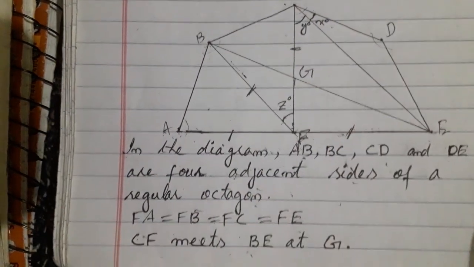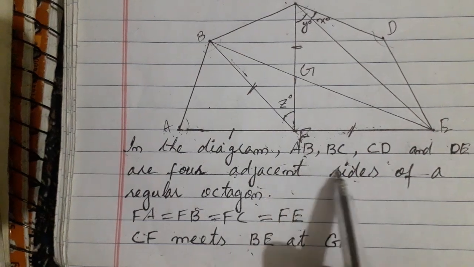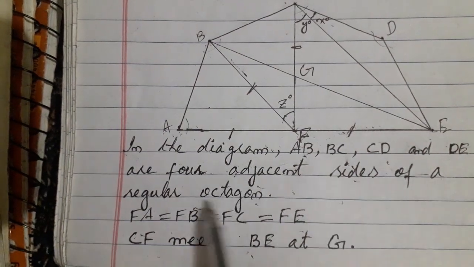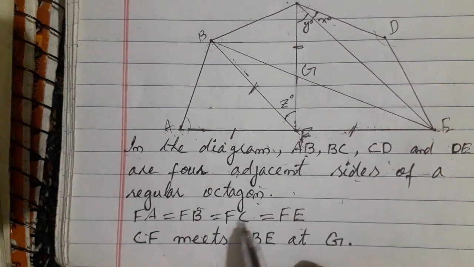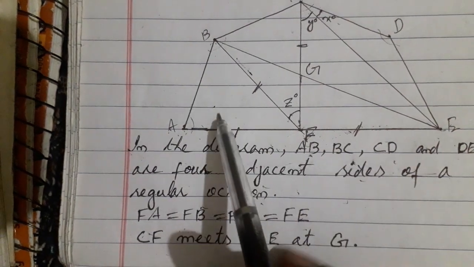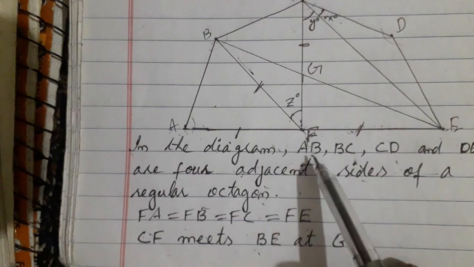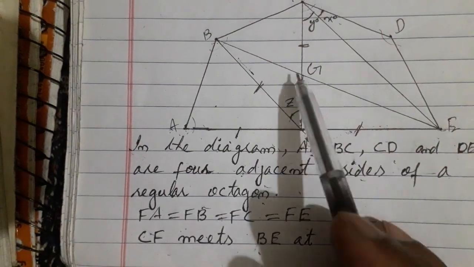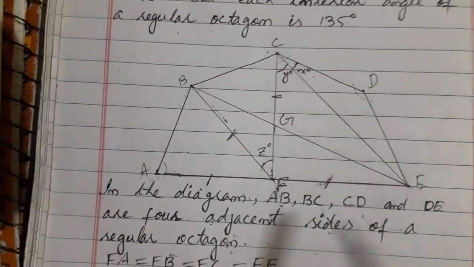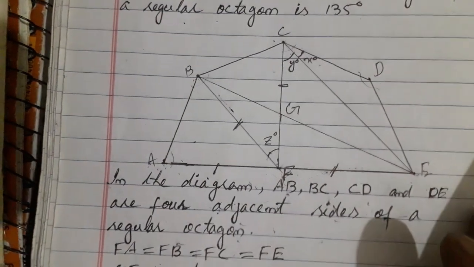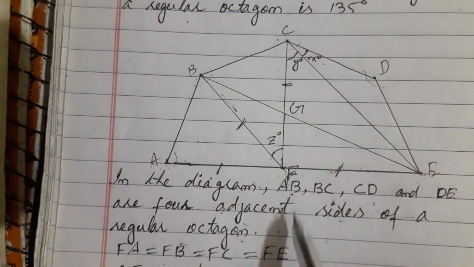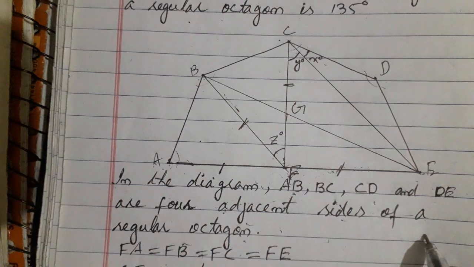In the diagram, AB, BC, CD and DE are four adjacent sides of a regular octagon. FA is equal to FB, is equal to FC, is equal to FE.